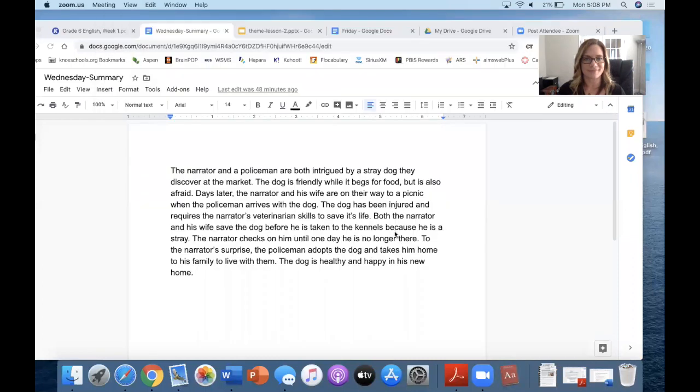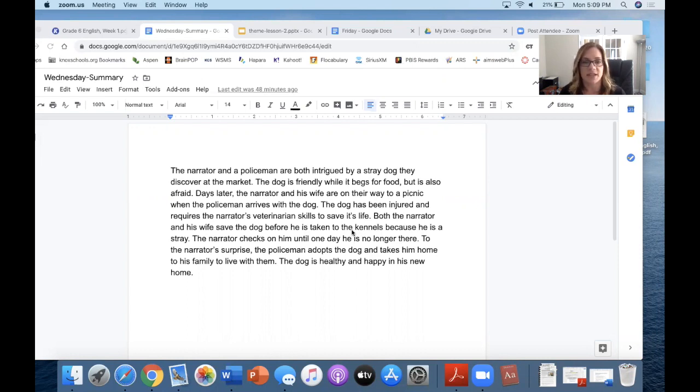Okay, so let's take a look at the summary. All right, so here's a summary that I wrote based off of this text. I said, the narrator and a policeman are both intrigued by a stray dog they discover at the market. The dog is friendly while it begs for food, but it is also afraid. Days later, the narrator and his wife are on their way to a picnic when the policeman arrives with a dog.